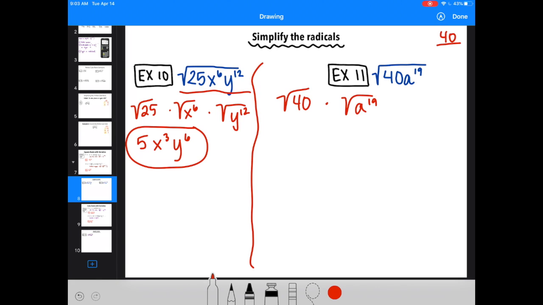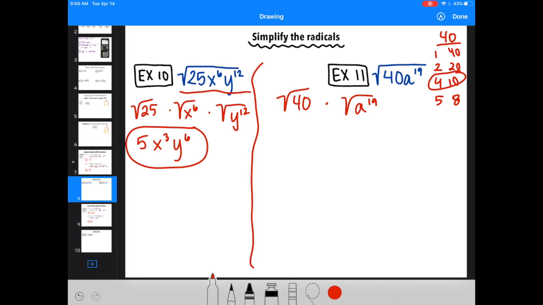All right, I have to look and see what the factors of 40 are. So 1 and 40, 2 and 20, 4 and 10, 5 and 8, and that's it. Okay, looking at those listed there, which of those is a perfect square?